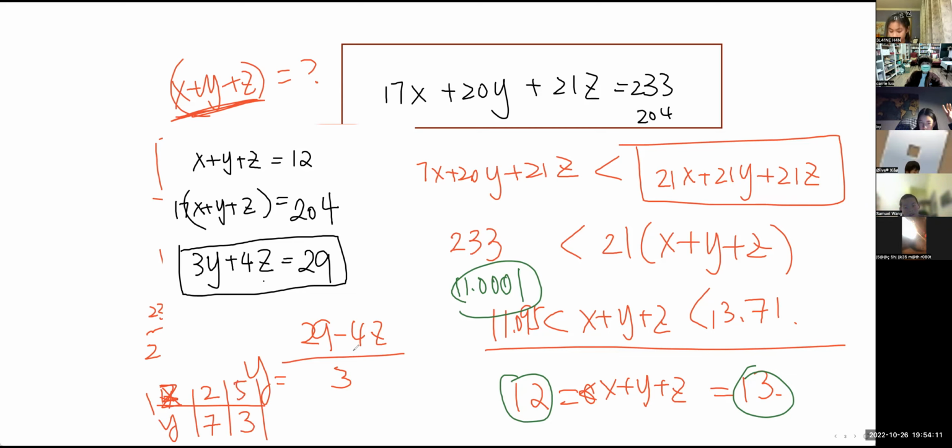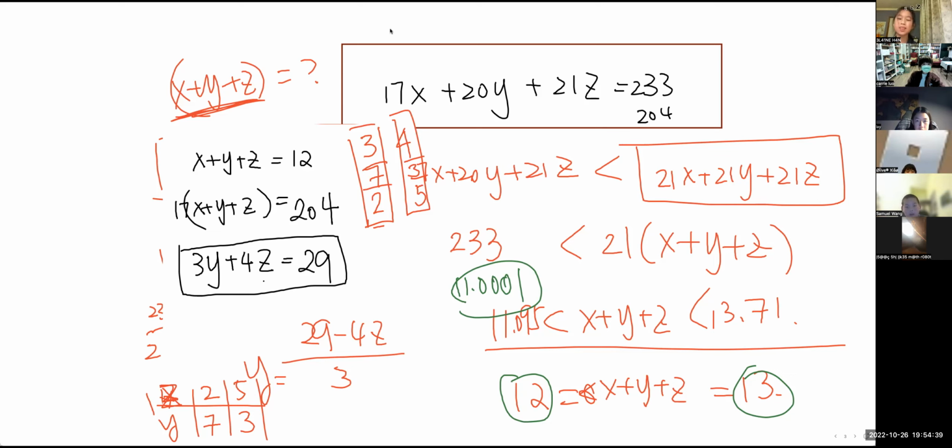Okay, so I think that's it, and there's no more. So z equals 2, y equals 7, so x equals 12 minus 9 equals 3. Okay, so this is a set. And we have another set: z equals 5, y equals 3, and x equals 4. So we have two sets already.